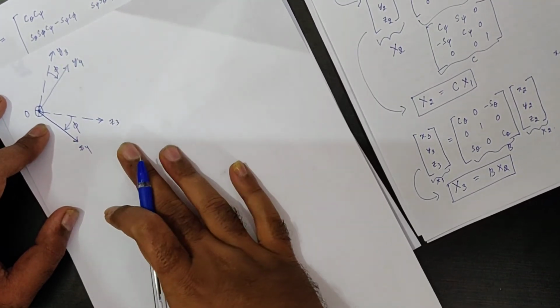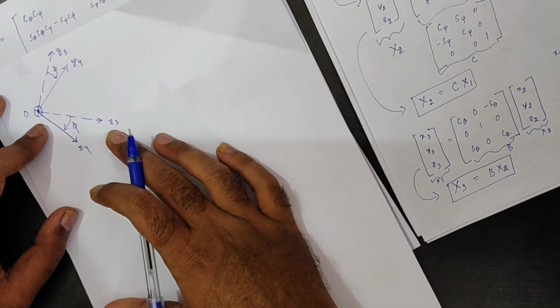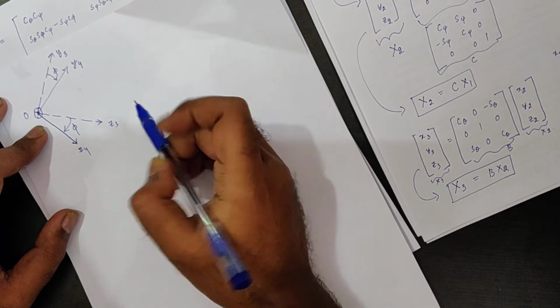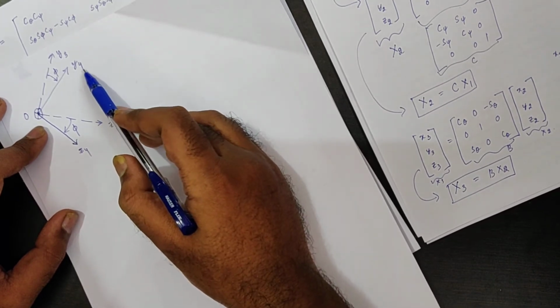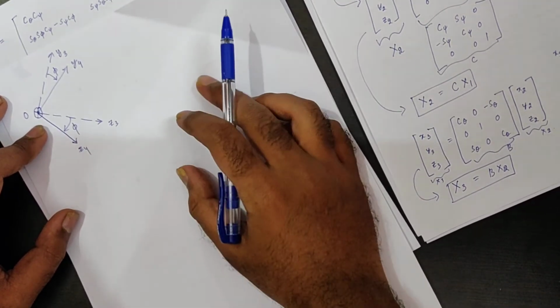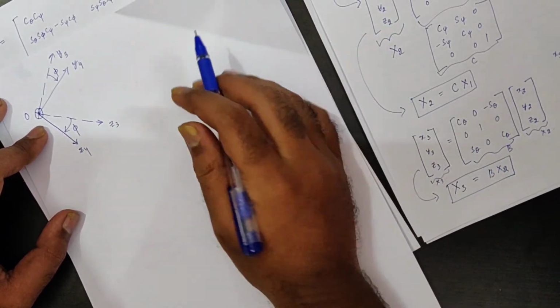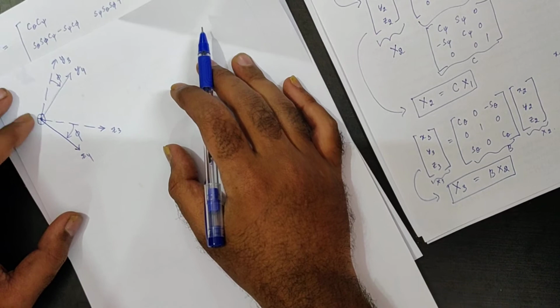So now you might be clear about the concept that why did I take initially x4, y4 and z4 to show these two intermediate steps.